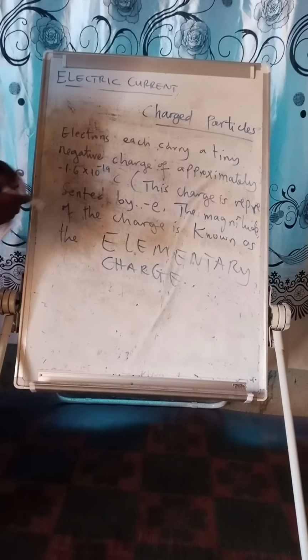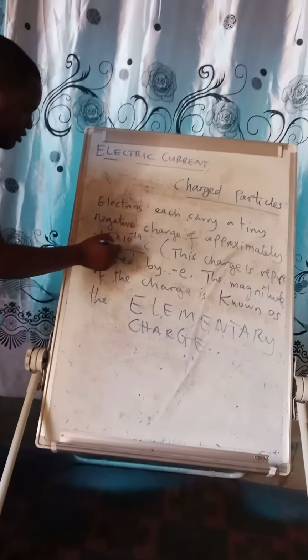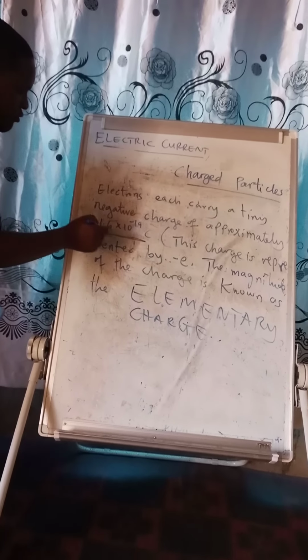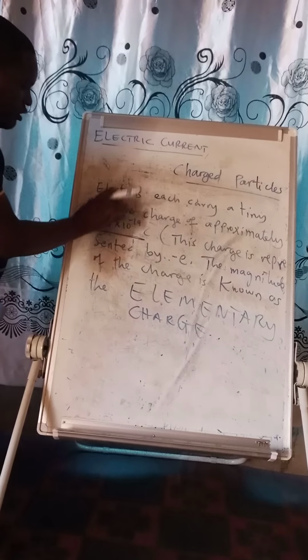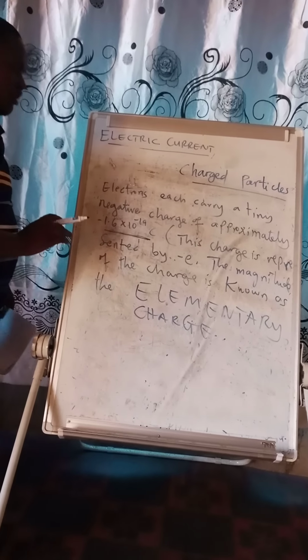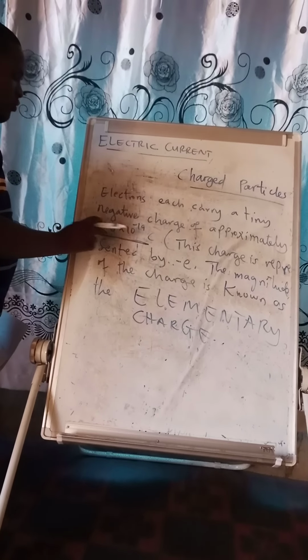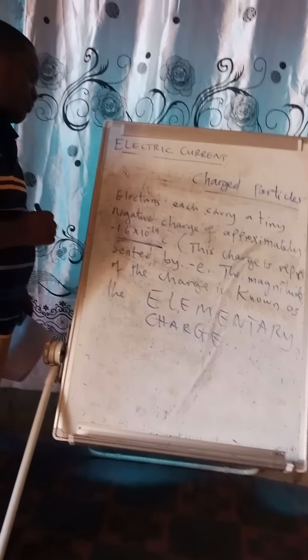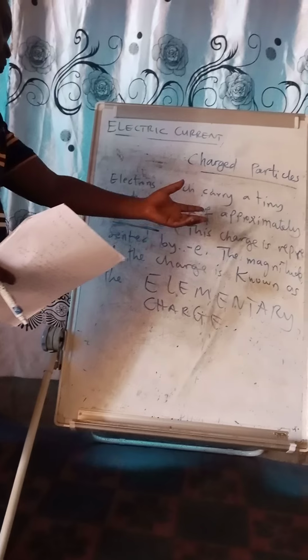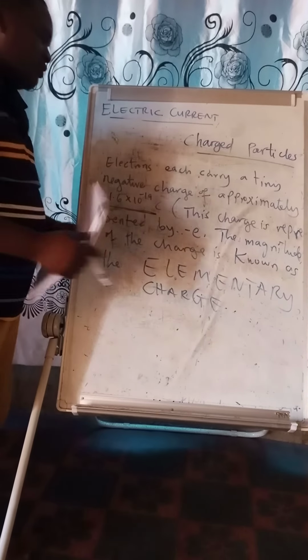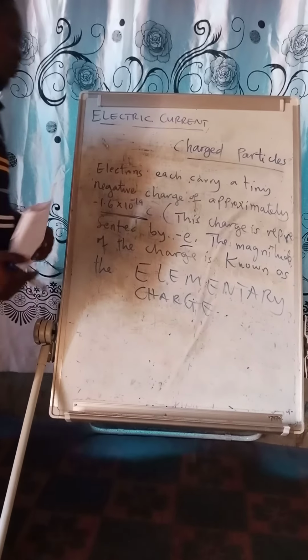So this is the charge of a particle. For the electron, it is a negative charge, which is the negative of this magnitude. This charge is represented by minus e.